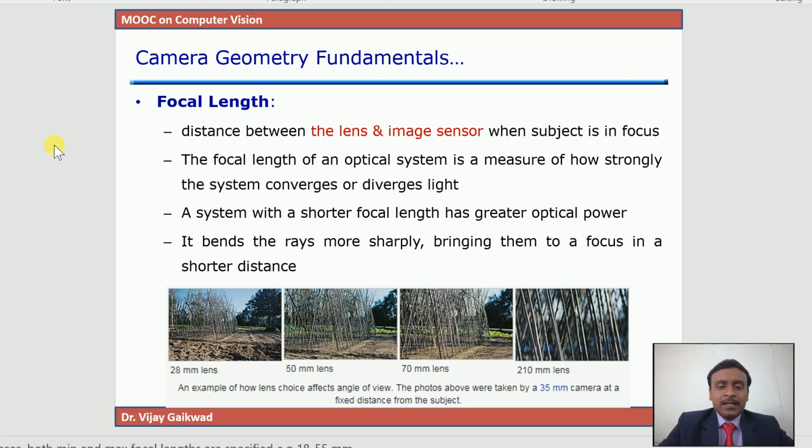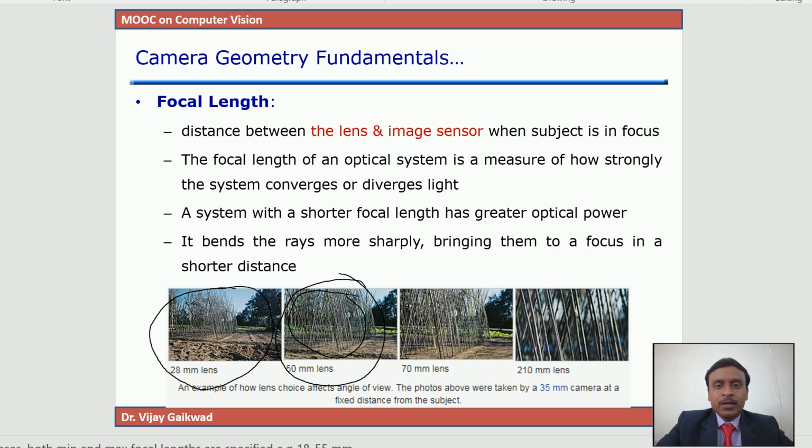On this slide, in the bottom picture, you will find a picture recorded from a 28 mm lens. 28 mm is the focal length, so it's the distance between the lens and the image sensor. If I increase the distance between lens and image sensor, I get this picture and I can see the object more clearly.